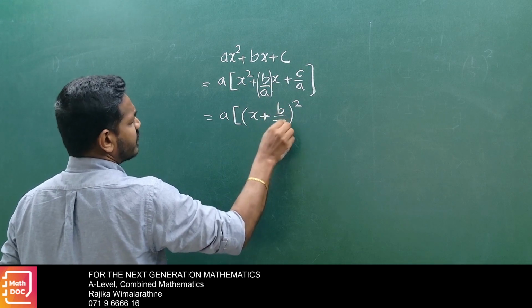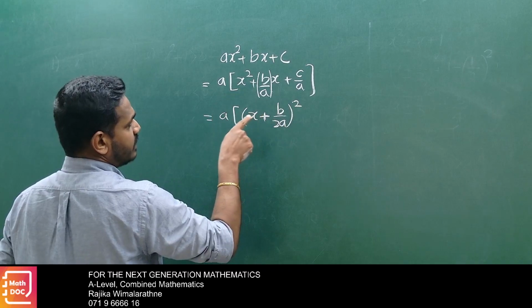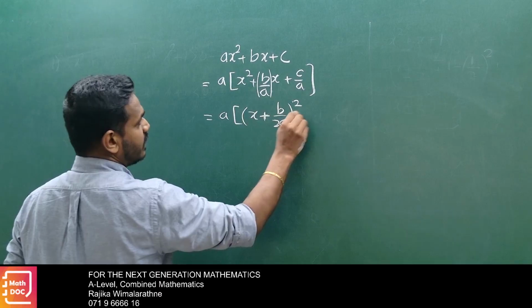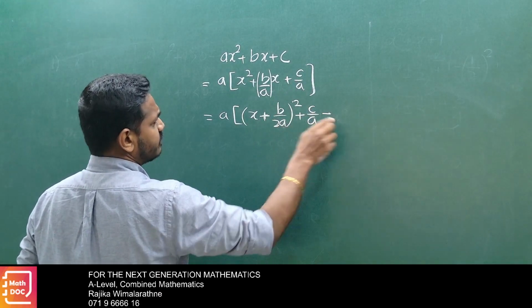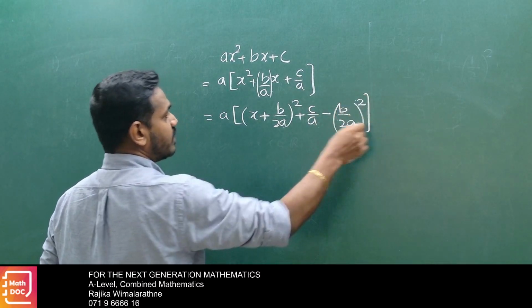Don't put x here. When we expand this, we get x² and 2 times x times b/2a, then (b/2a)² is an extra term, then c/a. That extra term you remove, (b/2a)². Here is the complete square procedure.